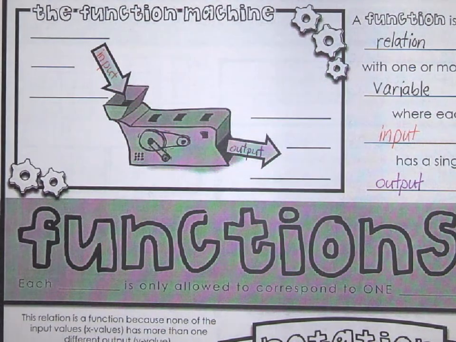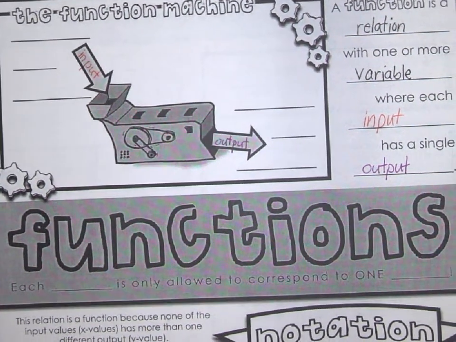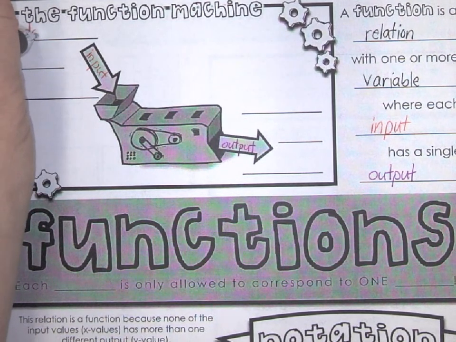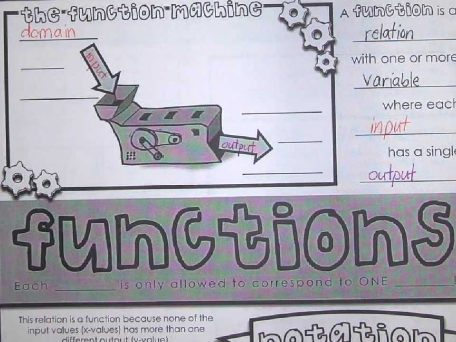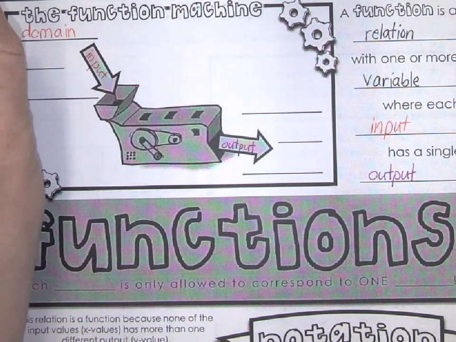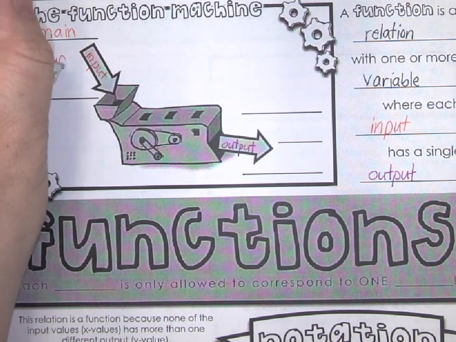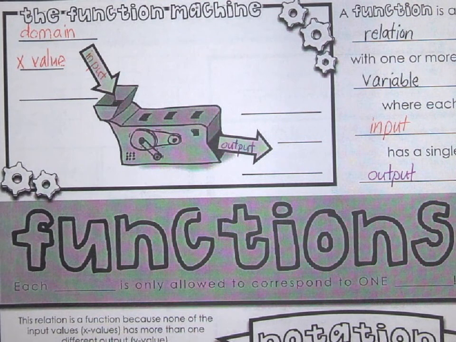There are other terms that we can use to describe or refer to the input. One of them is domain. So when we talk about the domain of a function, we're talking about the input. This is your x value. So if we're looking at ordered pairs, the x value is going to be your input value.